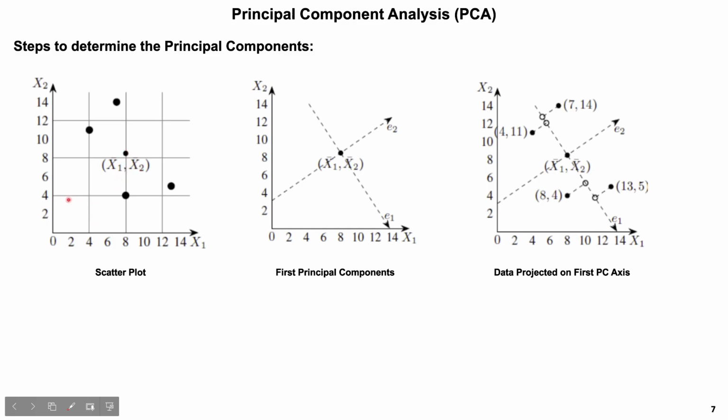Now we are going to shift the axis to the point which is perpendicular to the points x1 bar and x2 bar. So when we draw a perpendicular axis passing through this point, which is nothing but our principal component 1 and principal component 2. So this is the first component axis, this is the second component axis.